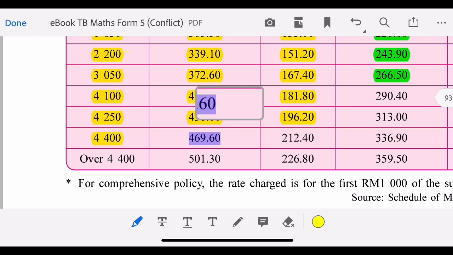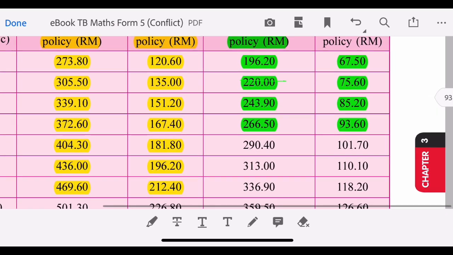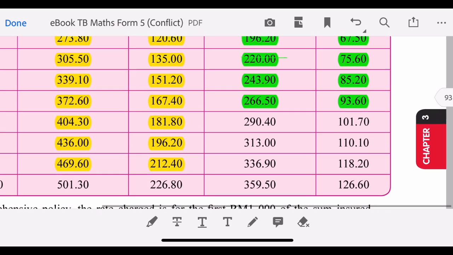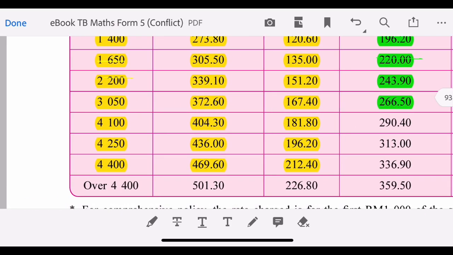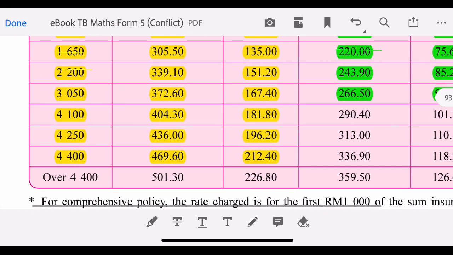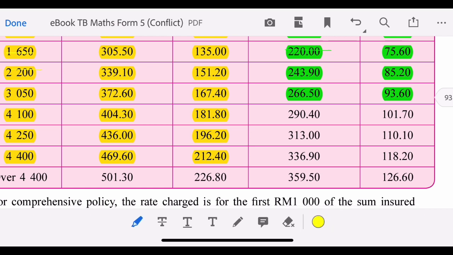4400 will be 469.60, and the third party will be 212.40 for Peninsular Malaysia. For Sabah and Sarawak, if the engine capacity exceeds 4000, so for 4100 it will be 290.40 and 101.70.